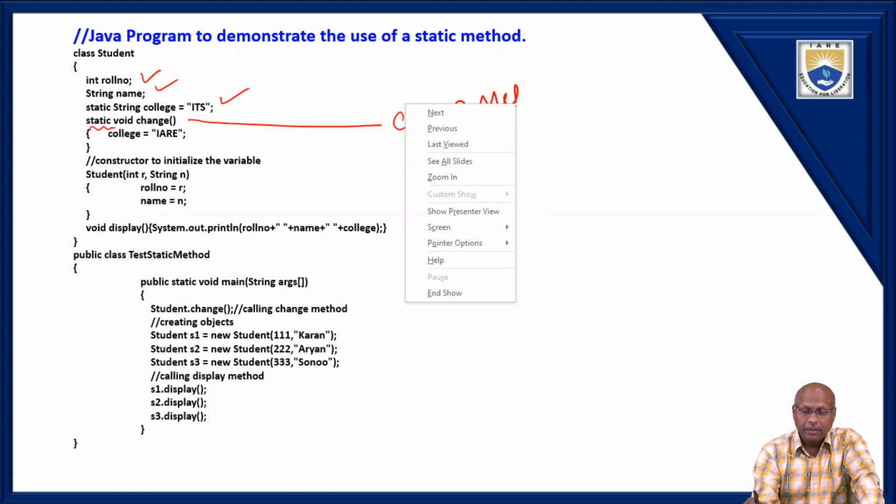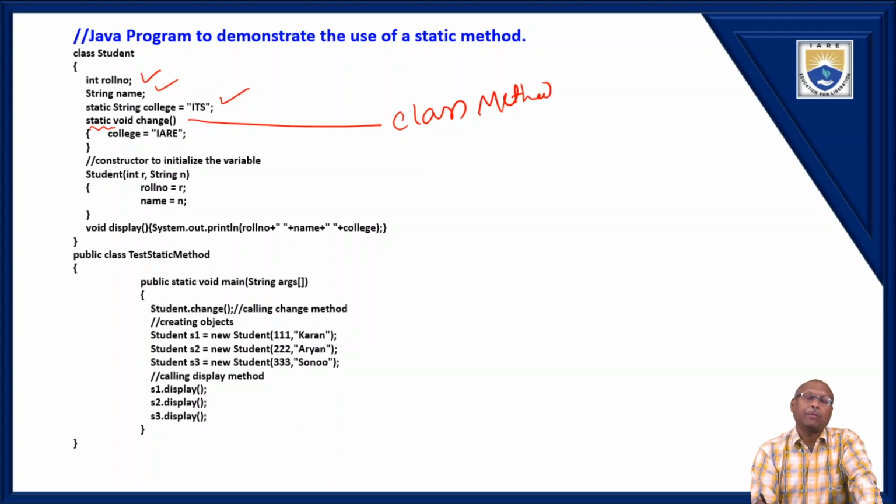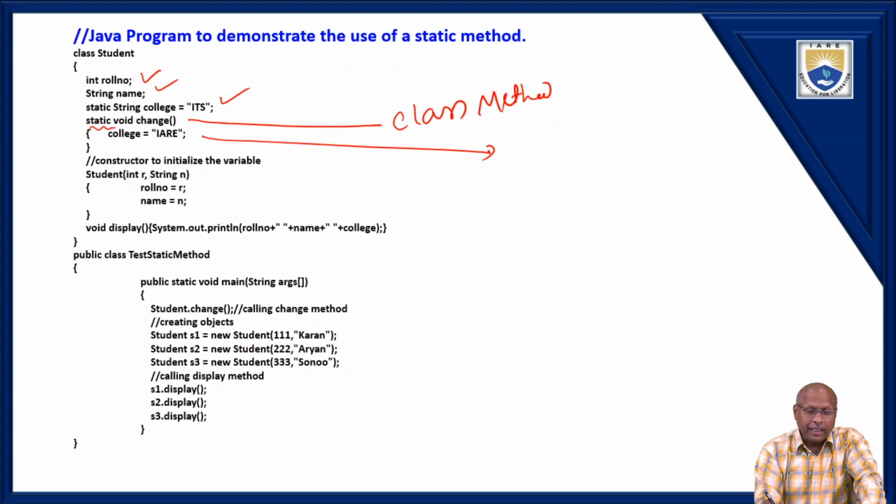This method is allowed to use static variables. A static method will use only static variables. That is one more thing you should remember. Here college is also static and my change method is also static. So a static method can use only static variables. It cannot use non-static ones. That point you should remember.